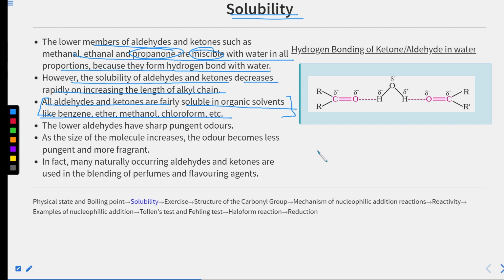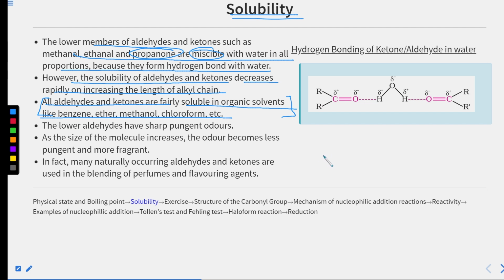Why is it so? Because fluorine is very highly electronegative, and hydrogen is very least electronegative. Similarly, the carbon and oxygen electronegativity difference is not that high. So due to this reason, it is not that polar, and you can consider it as non-polar.